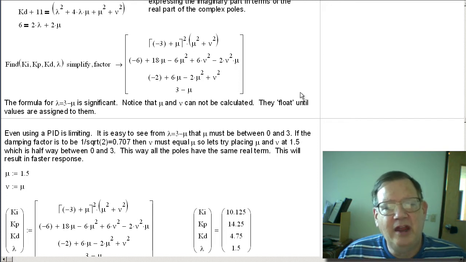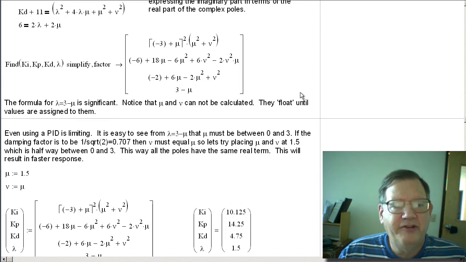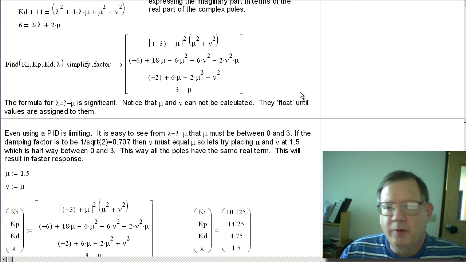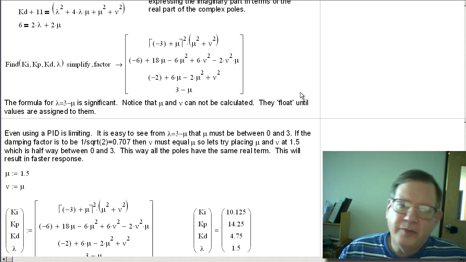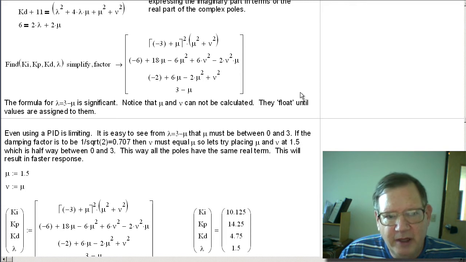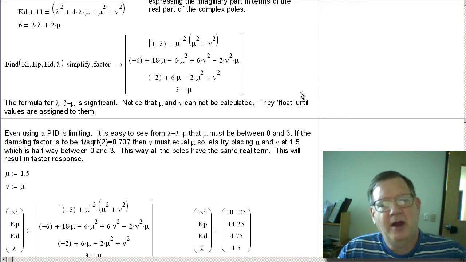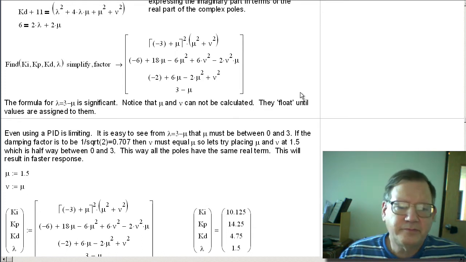What that means is that no matter what we do with the gains, we can only place the poles where the real parts are going to be between 0 and -3. And that limits how fast the response can approach the set point.